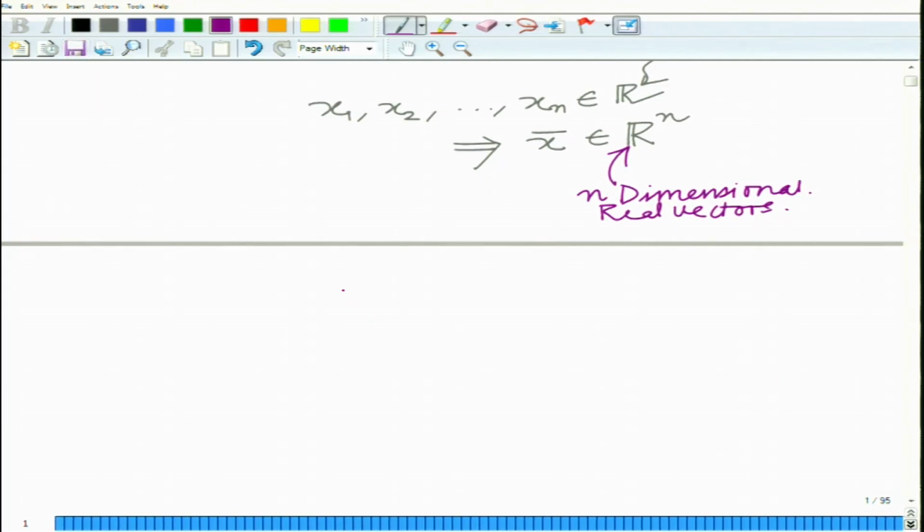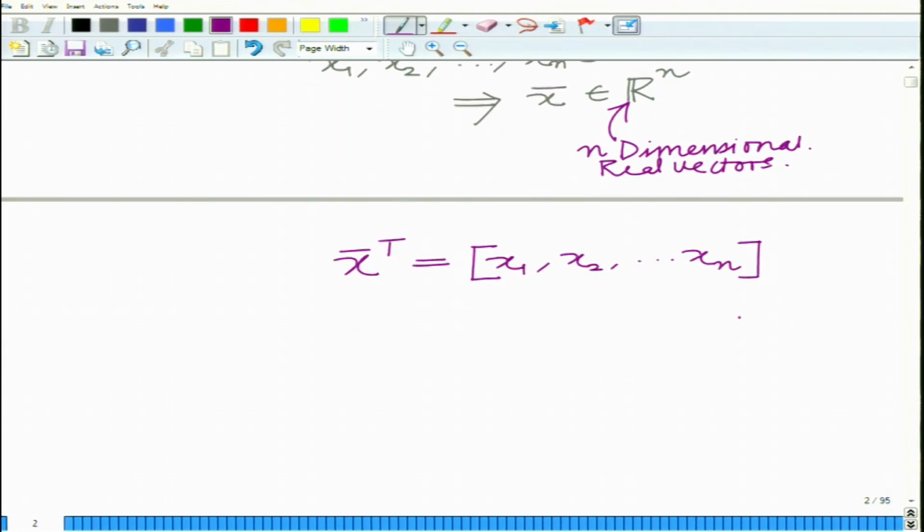And so, what we have is, x bar is the column vector, and therefore x bar transpose will similarly be a row vector. So, it will be 1 cross n. So, this is basically your row vector x bar transpose.